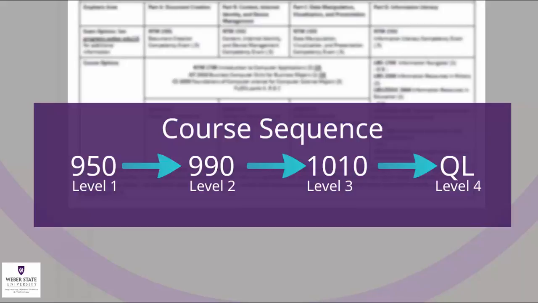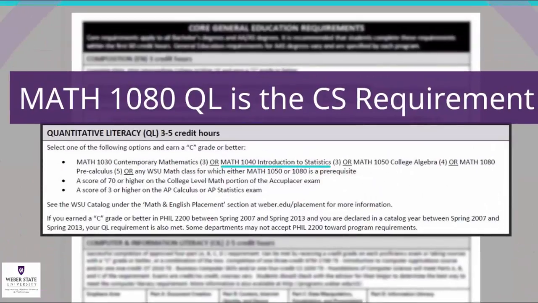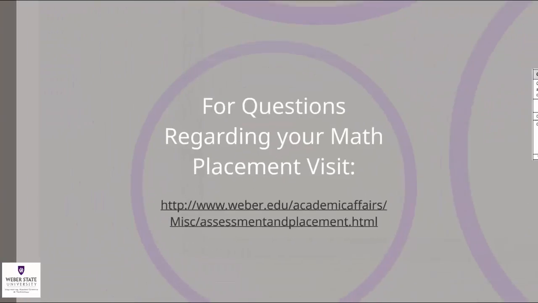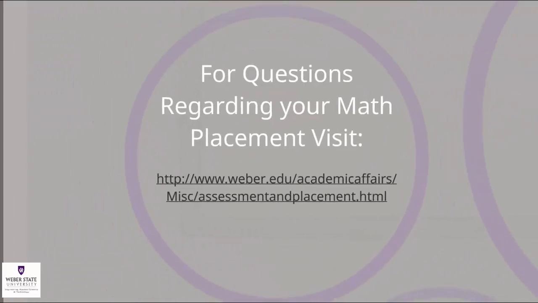Although Math 1010 is also a developmental course, its credits will work towards your overall credits and GPA. Also note that all classes must be passed with a C or better. If you have questions on your math placement, please see the assessment and placement policy on the website shown on your screen.